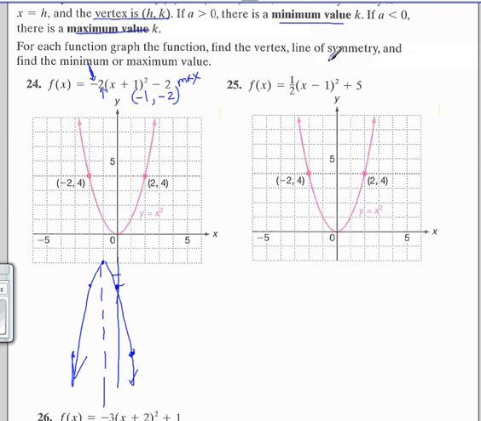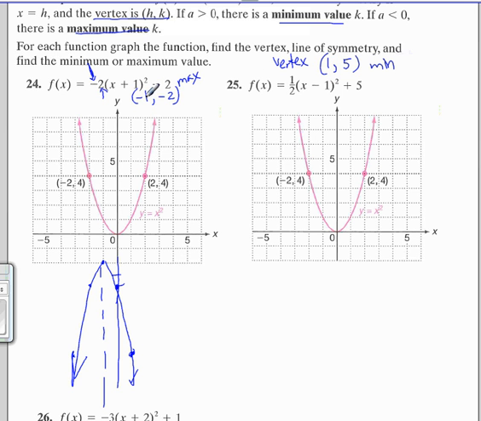The vertex is at 1, 5. And in this case, it's a min because the parabola goes up because this is positive, the a is positive. Line of symmetry is at x equals 1.